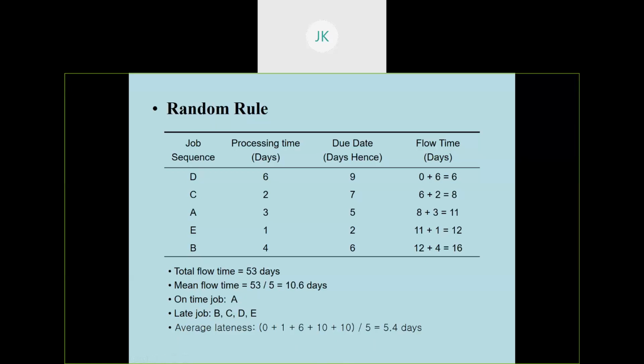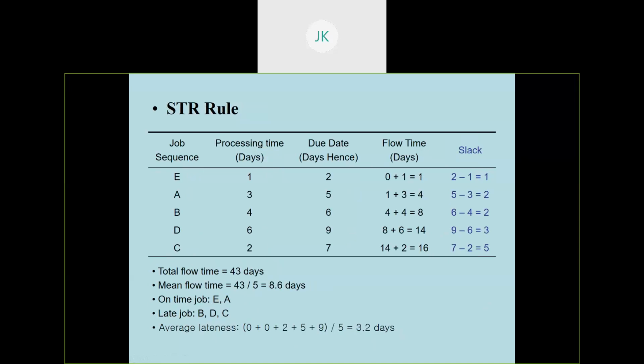And the random rule, randomly take. This sequence can be different every time. Total flow time 53, mean flow time 10.6. On time A, late B, C, D, E, and average lateness 5.4.